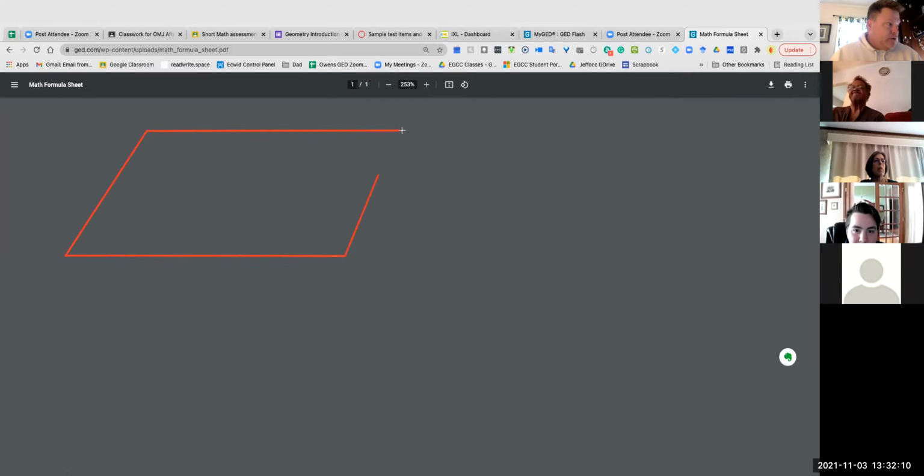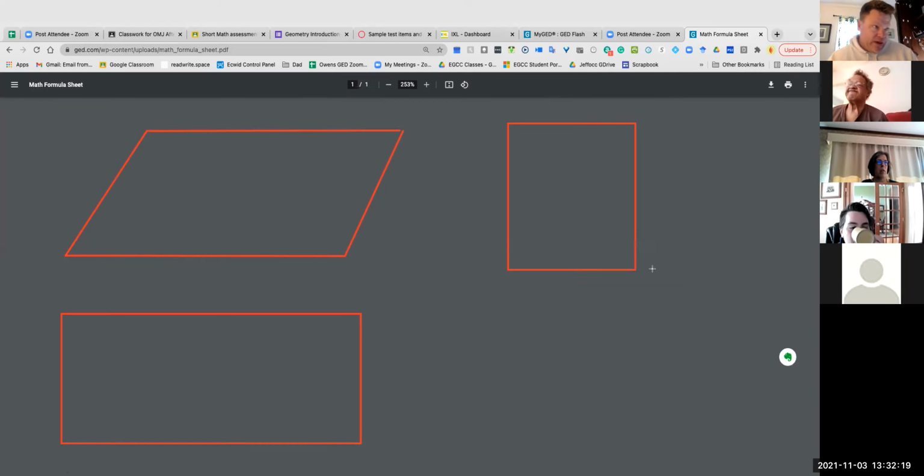And then down here, I'm going to do the much easier to draw rectangle. And then over here, I'm going to do that looks about like a square. All right, so if we do our terms really quickly.